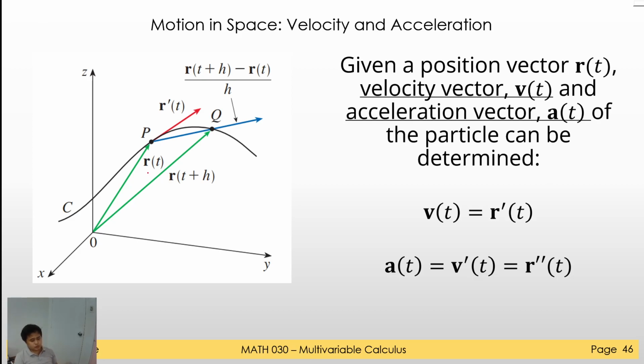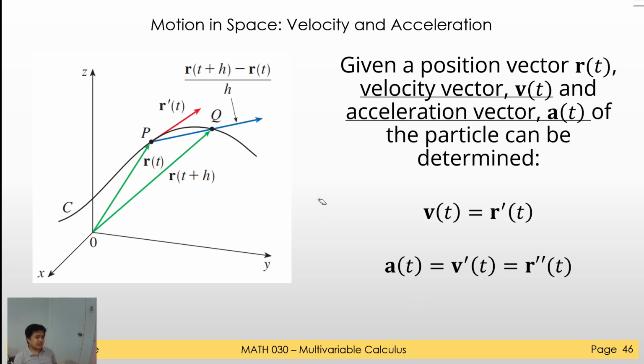Now, in physics, we know that the velocity is just the first derivative of the position vector. So if you find the derivative of your position vector, then you have the velocity. And then if you find the derivative again of your velocity, which is v prime of t, or in other words, the second derivative of your position function, then you have the acceleration.